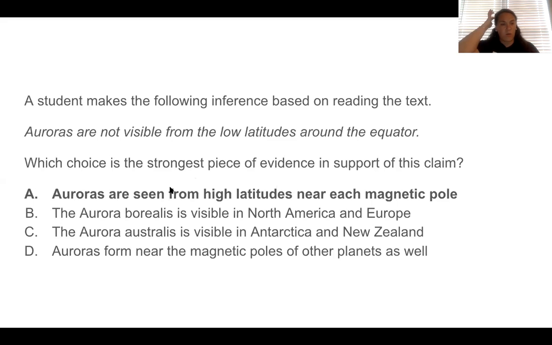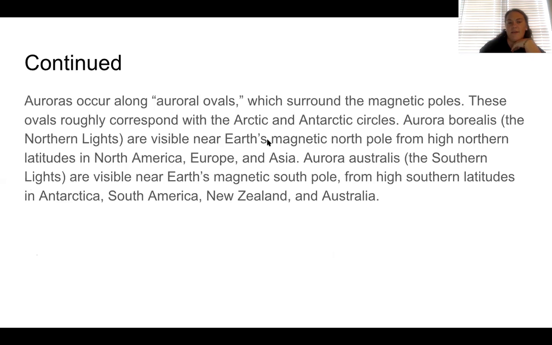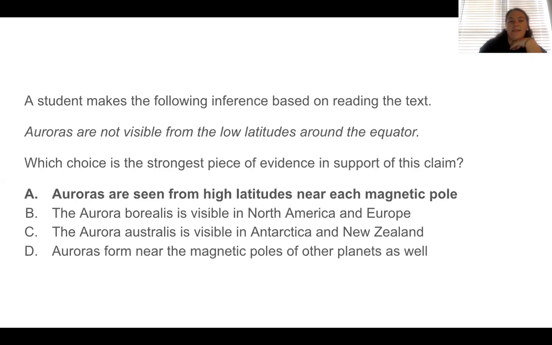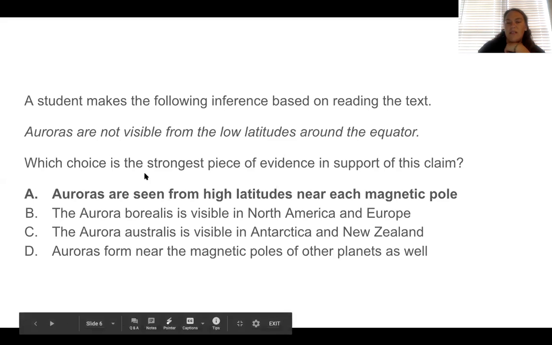So let's look at this question or the inference. Auroras are not visible from low latitudes. So if I'm thinking about that, of course I would go back into the text. And again, it's saying that they're not visible from low latitudes. So which piece of evidence here? Well, why isn't it B?